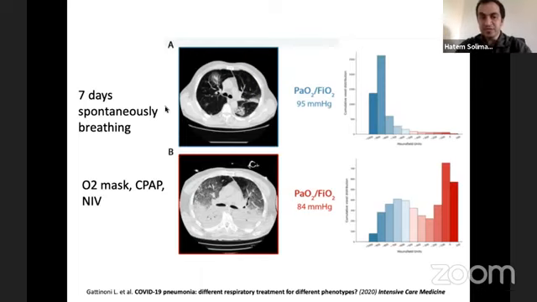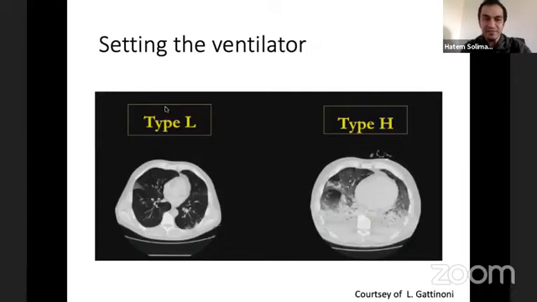So before deciding which types of ventilation we are providing, which modes of ventilation and which settings of the ventilator we are going to put, we need to know which phenotype of COVID-19 we are treating. So on the left, type L, on the right is type H. And setting the ventilator will be decided upon knowing the compliance of the patient.